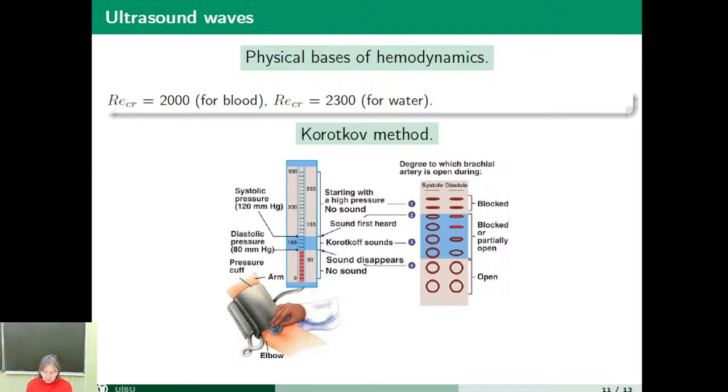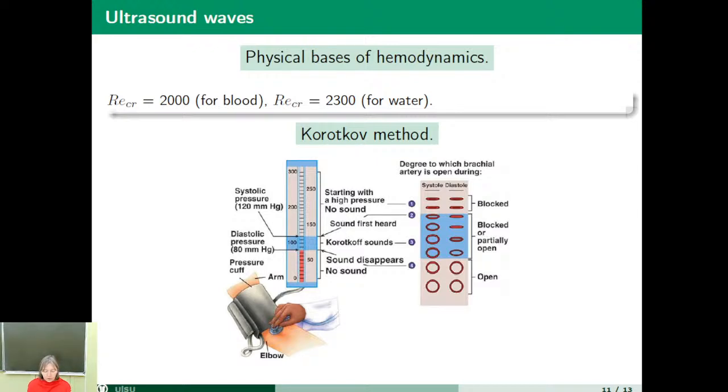Correspondingly, the Reynolds number increases since it is proportional to 1 divided by eta, the dynamic viscosity. As a result, the Reynolds number becomes greater than its critical value, and transition from laminar blood flow to turbulent one takes place.